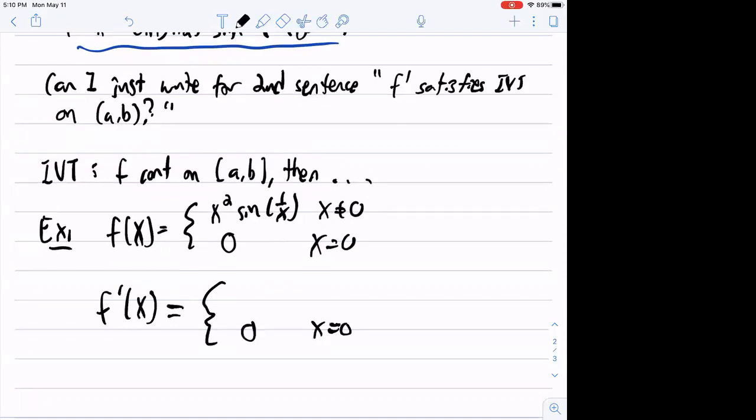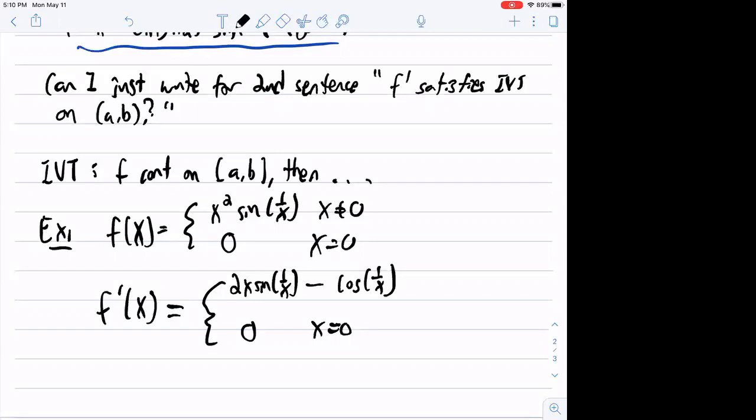Outside of 0, just product rule it: 2x sine of 1 over x, and the derivative of sine is cosine, so cosine of 1 over x, and I chain rule the 1 over x, I get negative 1 over x squared.